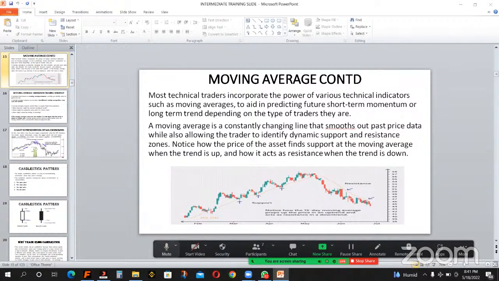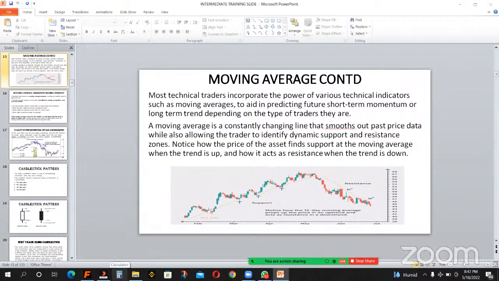All right. I said moving average is simply the average of price. What has price been doing, on average, within a particular period?